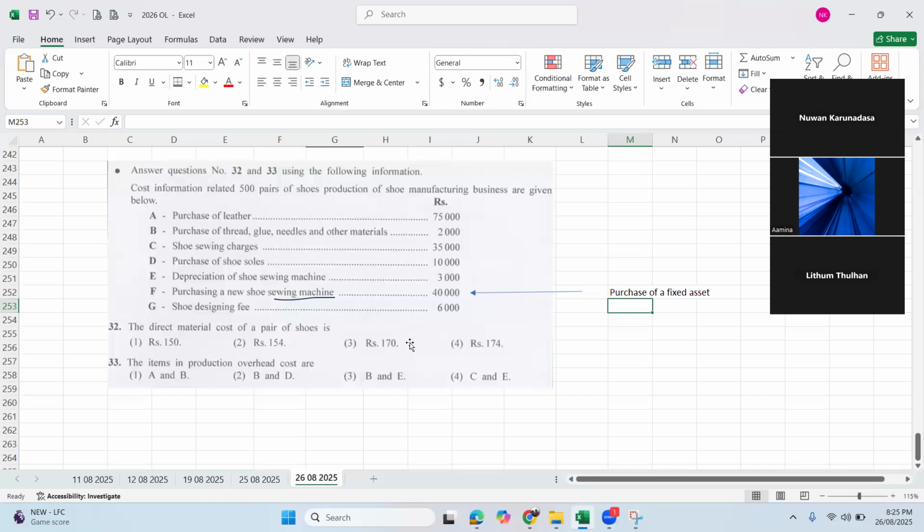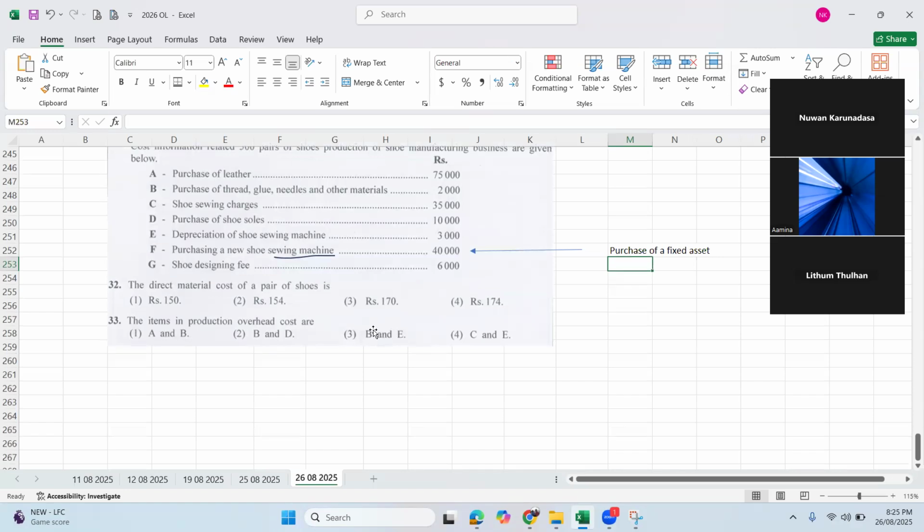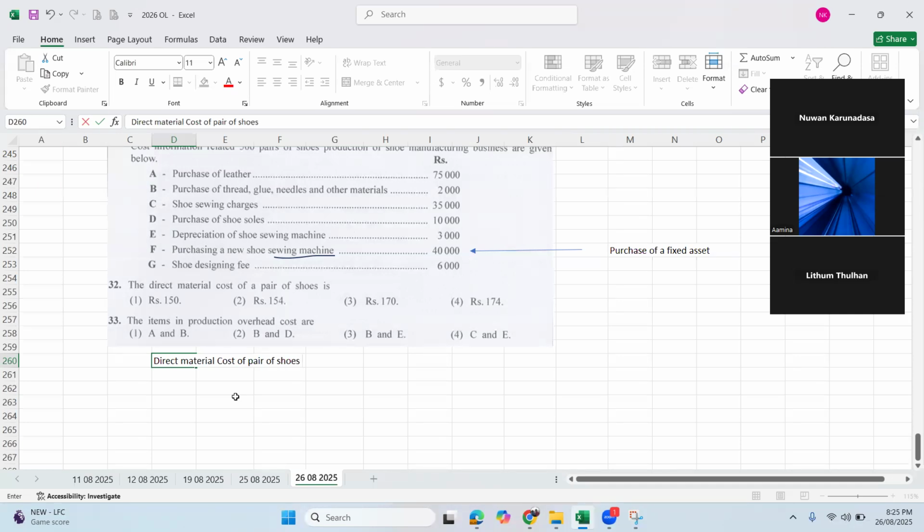They're asking you to calculate the direct material cost of a pair of shoes. Purchase of leather, part of the direct material.